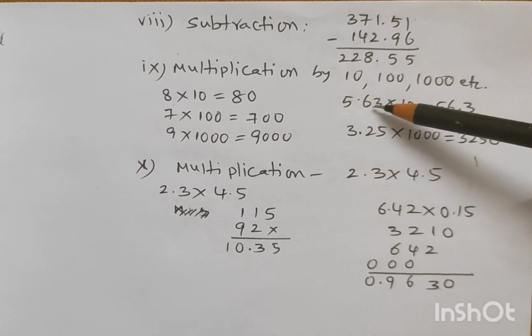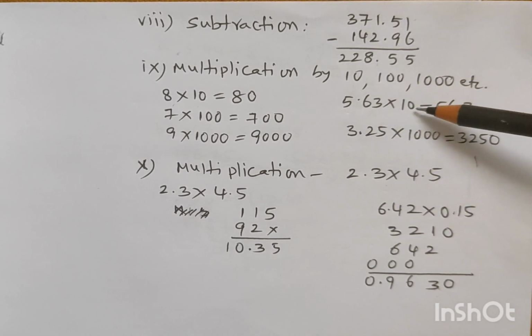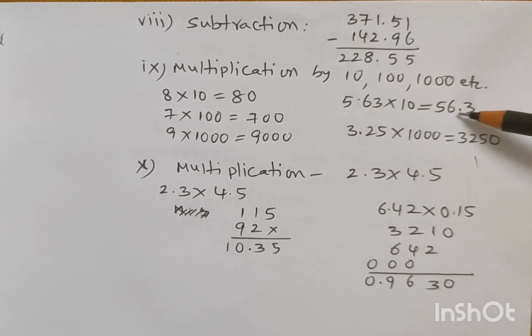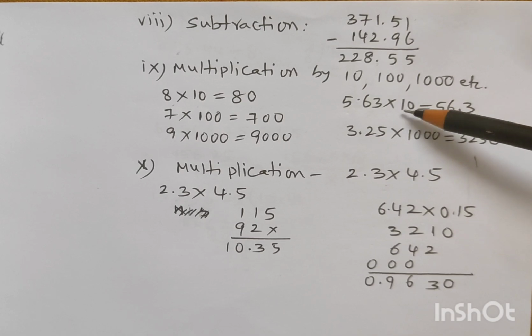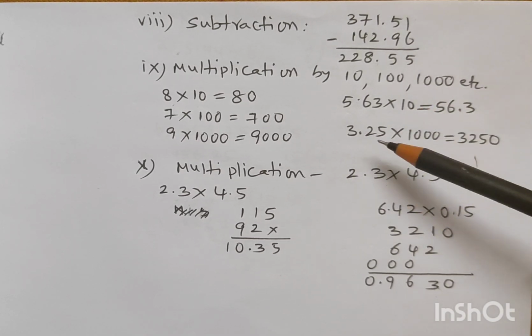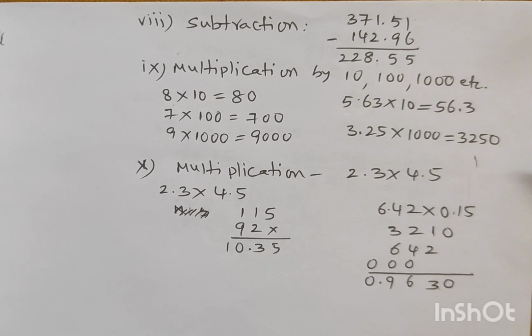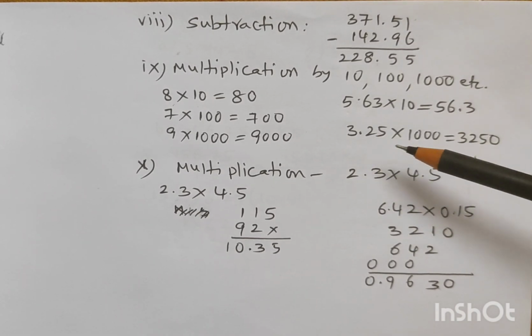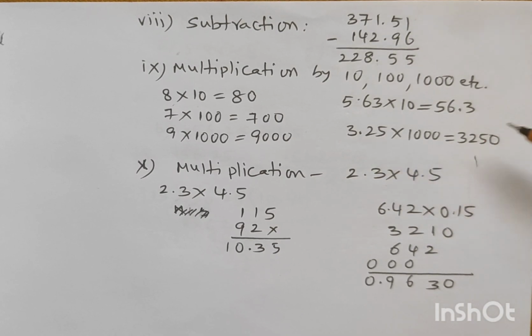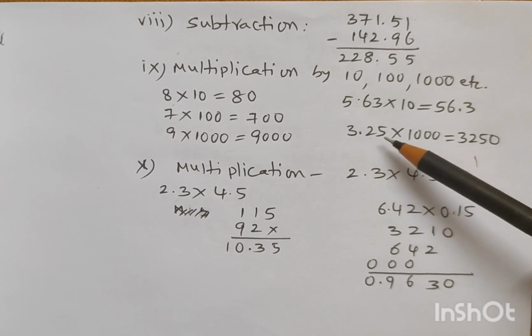If it is a decimal number 5.63, we multiply by 10 and the decimal shifts one digit to the right, because there is 1 zero after 1. When you multiply by 1000, the decimal shifts 3 digits to the right. Now there are 2 digits here, so we have to add one more digit here, 0, to make it 3 digits after the decimal.